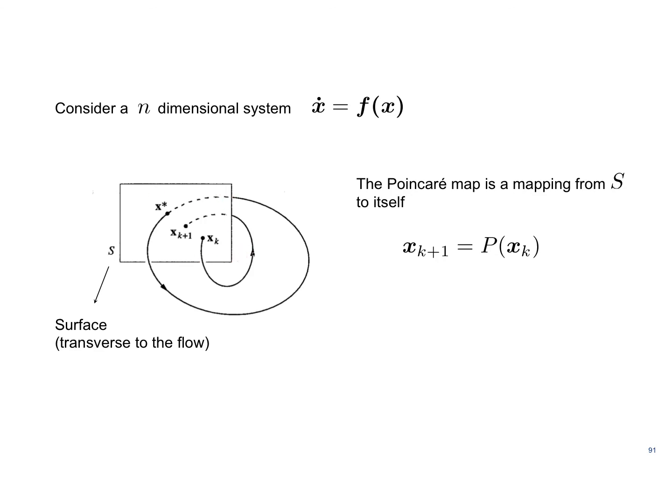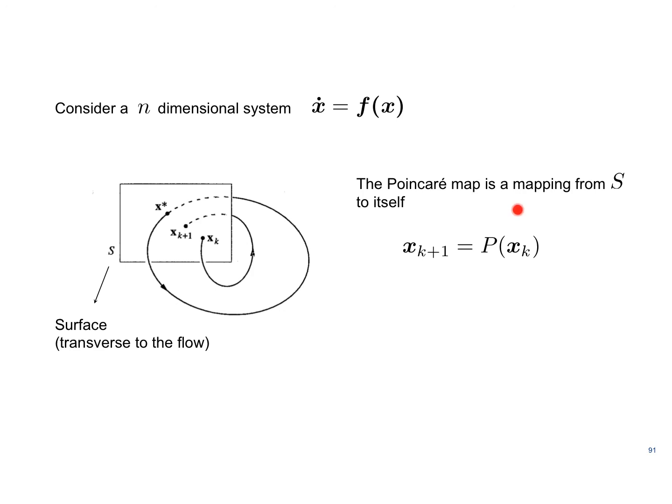So given a value x_k, you will have a transformation that will give you the point x_k+1 and then x_k+2 and so on, maybe converging to a fixed point that doesn't move anymore. Okay, so this is a way of interpreting limit cycles as well, or orbits in the Poincaré map.